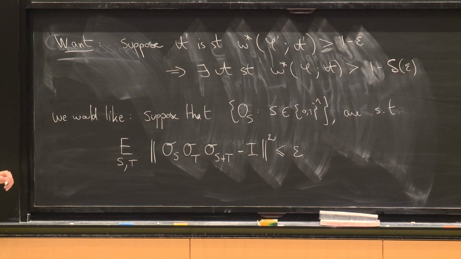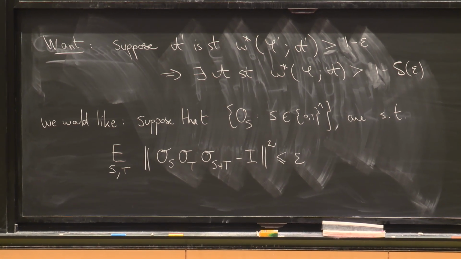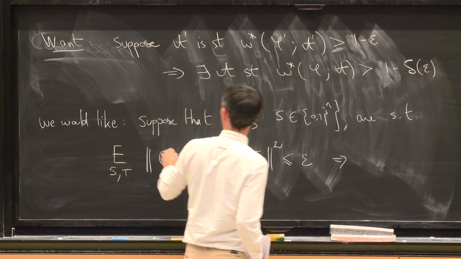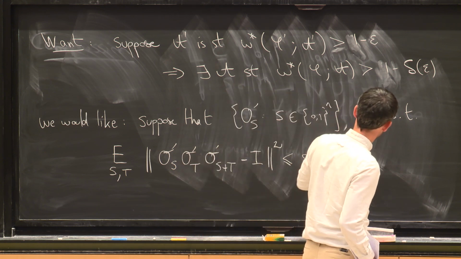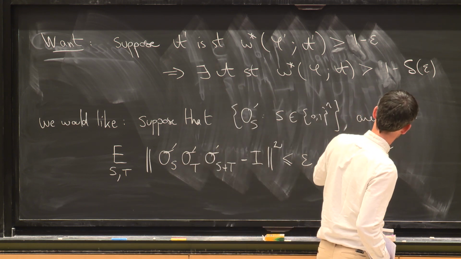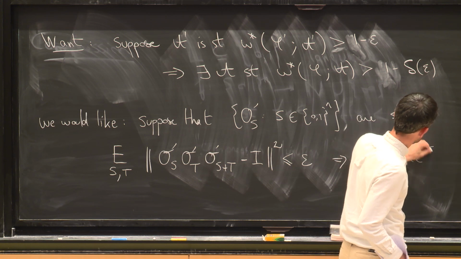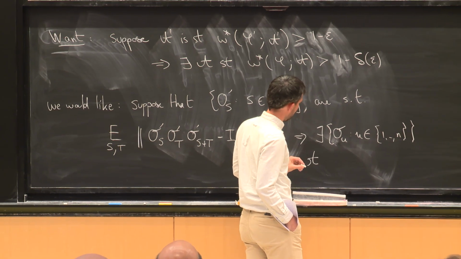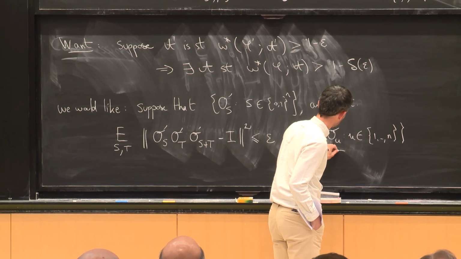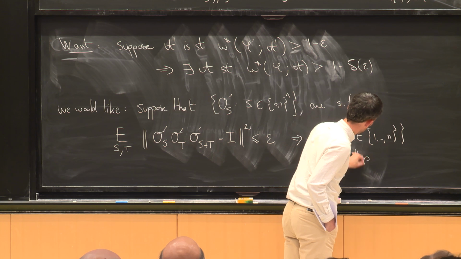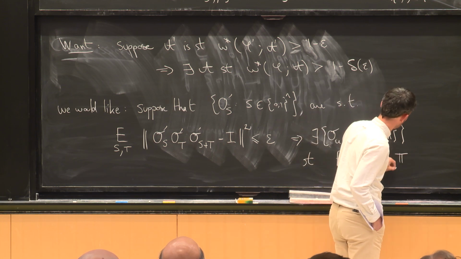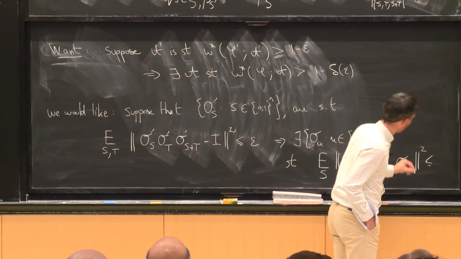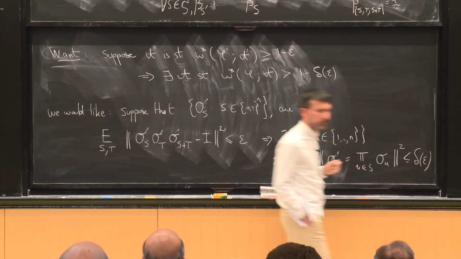So this is a condition that expresses that my assignment satisfies the constraints over there. Then there exist some O_U, U in 1 up to n, such that on average over S, O prime S is equal to the product over U in S of O_U, up to a delta of epsilon.